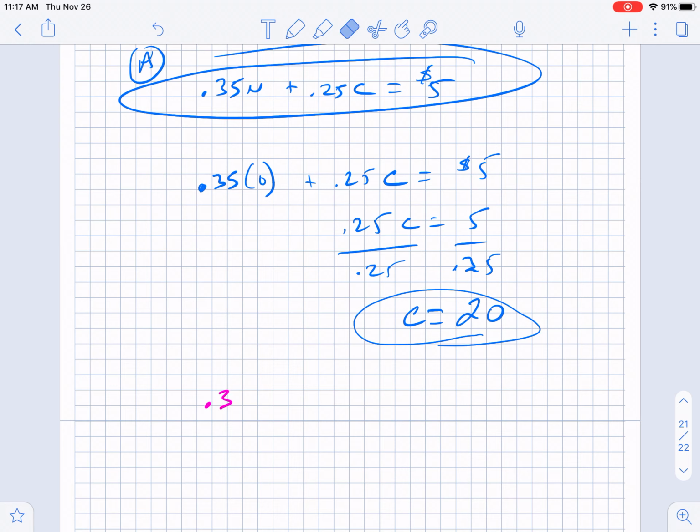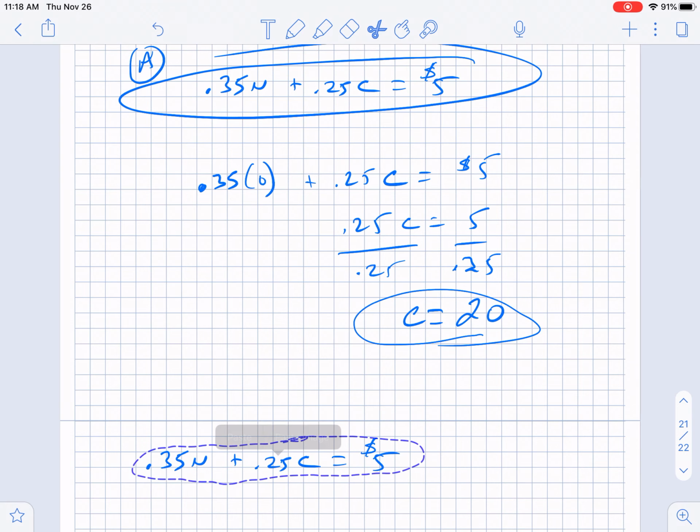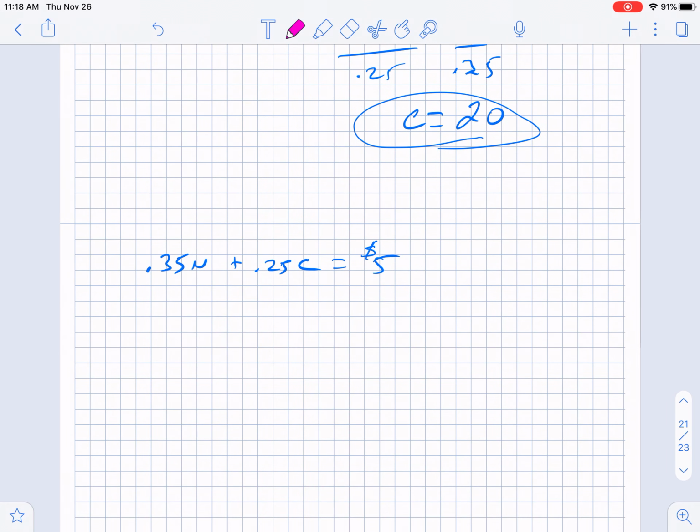And let me just bring this down here. Copy, paste. And now I'm going to say 0.35n plus 0.25 times 0 equals 5. 0.35n equals 5. And then I'm going to divide both sides by 0.35.